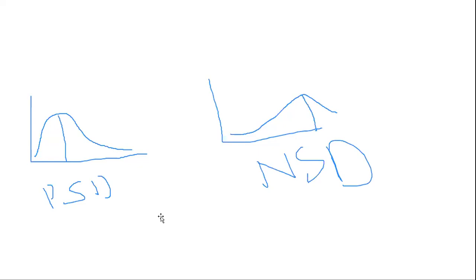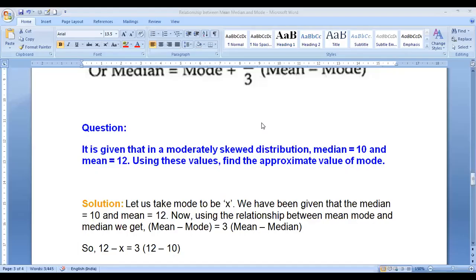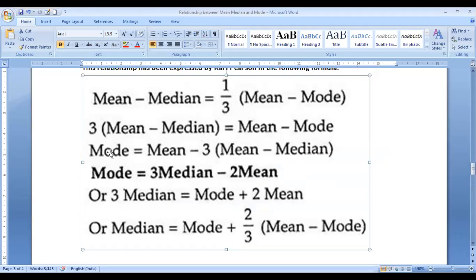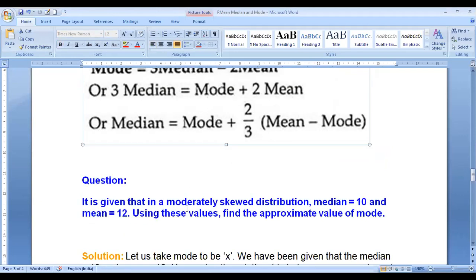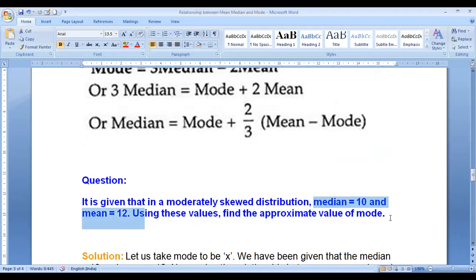For example, if they give the data that median is 10 and mean is 12, using these values find the approximate value of mode.